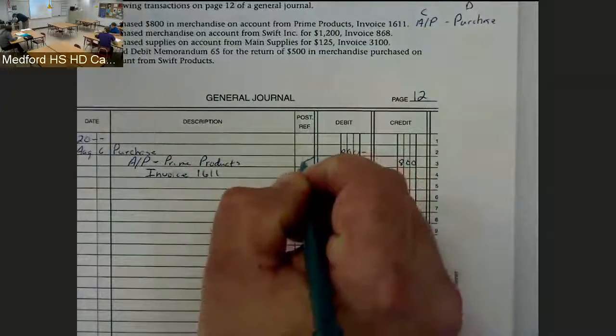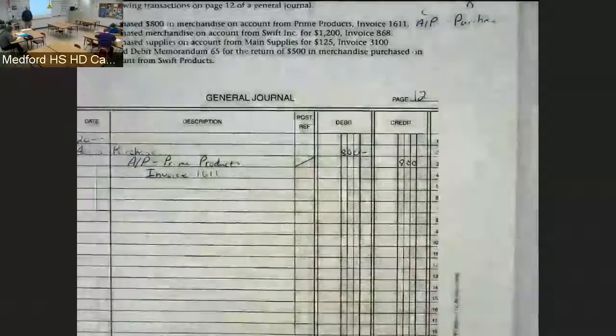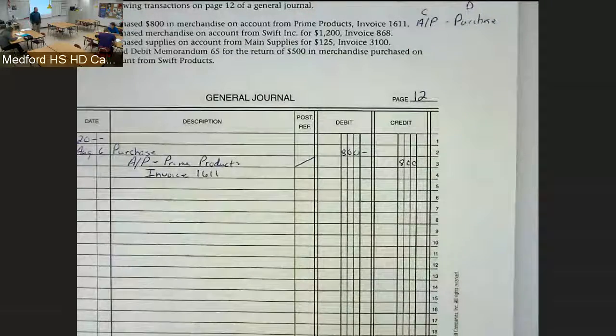We should put the divider line in there, knowing that we're going to post it eventually to two different spots. A check mark goes to the individual account, and the actual account goes to the overall accounts payable, whatever number it will be in our list of accounts.